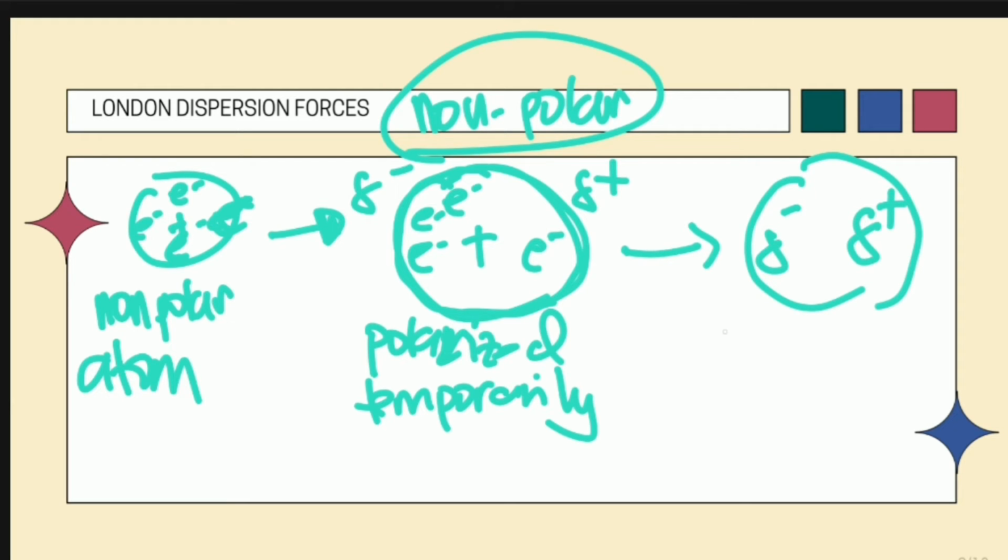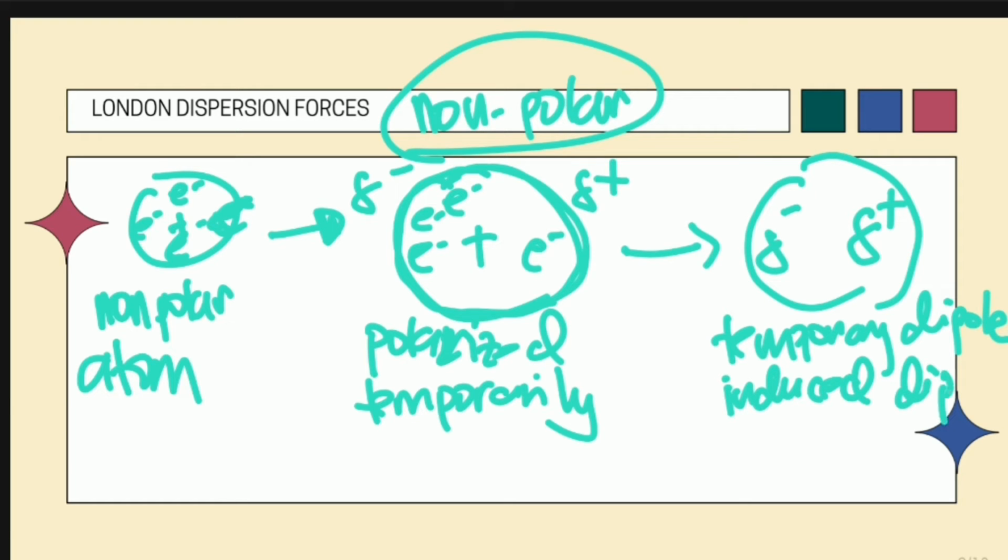Meron tayong tinatawag na temporary dipole o induced dipole. Remember na itong dipole na to, or yung pagkaka-orient ng mga electron sa loob ni atom na nagmo-move, ay temporary lang. It's not permanent.